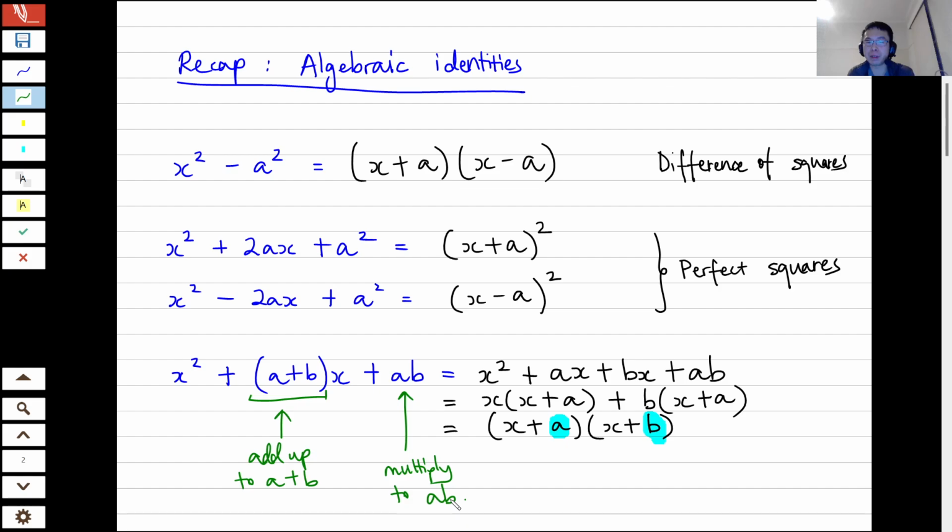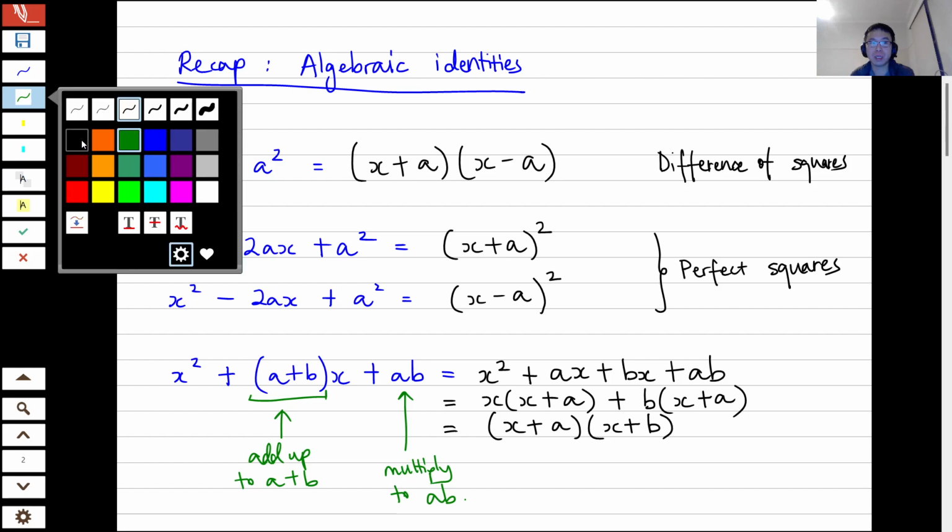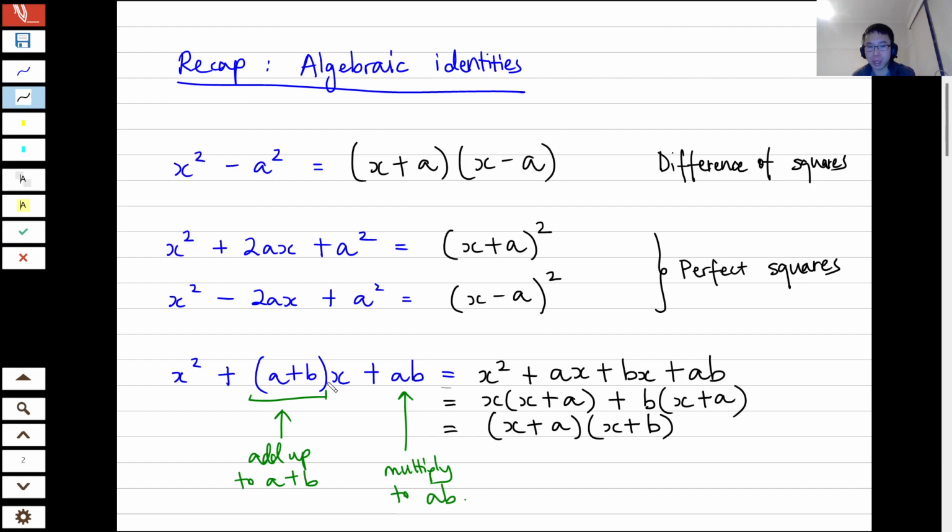And you might remember this is how we factorized certain quadratics in Year 9 and 10. So I just wanted to jog your memory by maybe writing it in a form that you haven't seen before, to remind you of a technique that you knew. This method, by the way, when a and b are numbers, requires trial and error. It's not easy to just pick the numbers a and b straight away. So we'll see that in a few examples to come.